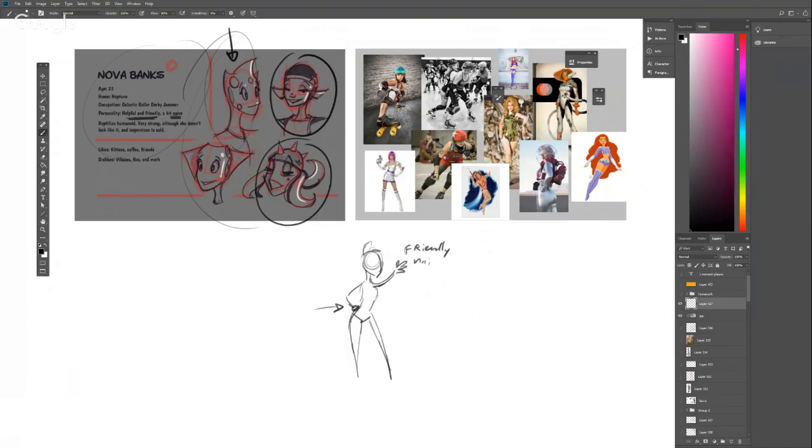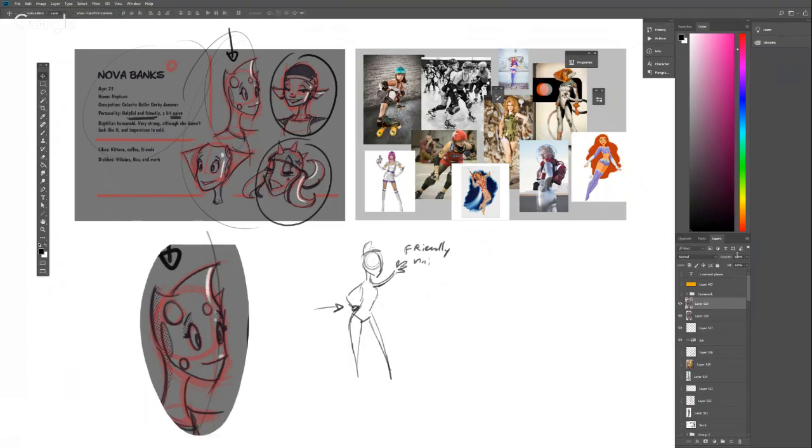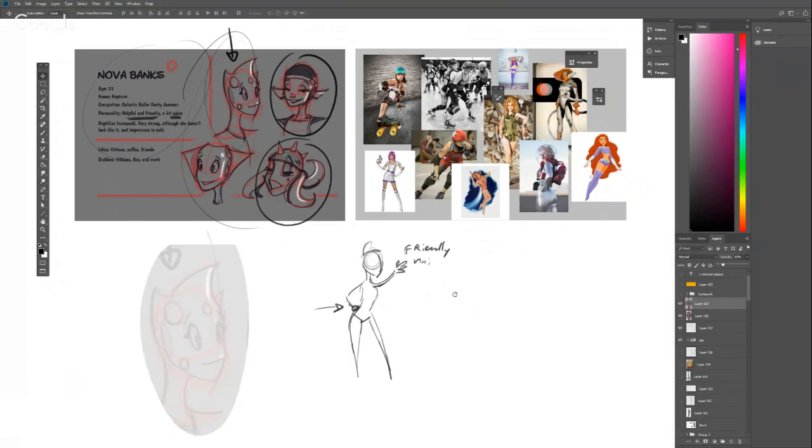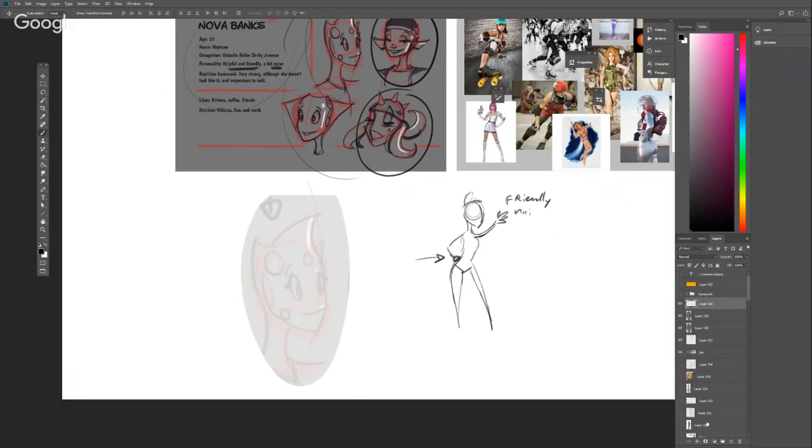Also think a bit about these eyes. It's totally fine if that's your style, but maybe you can try something. If this would be 3D-ish, then think how those eyes would sit in that head. Something like this.